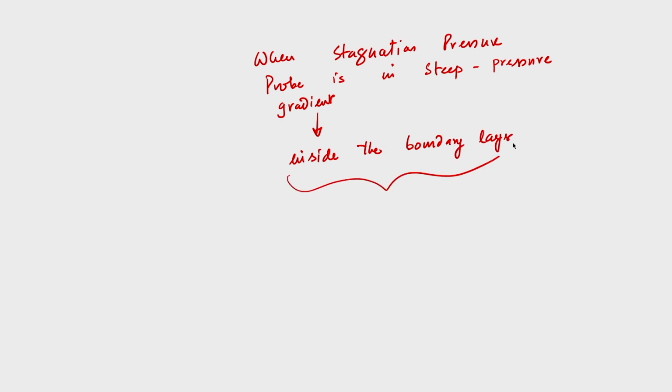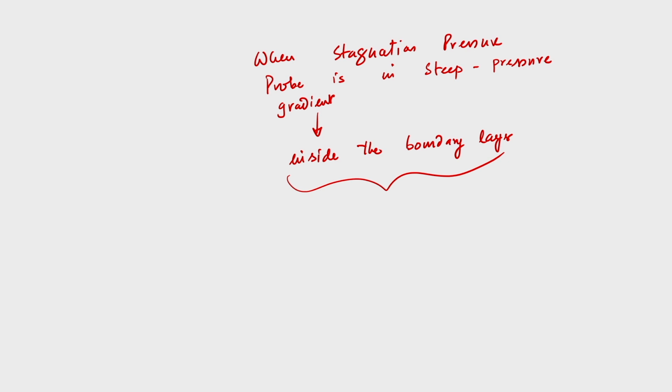what will happen? If we place a stagnation pressure probe in the region where we have a steep pressure gradient, a common example being inside the boundary layer, the positioning of the probe will try to deflect, distort the streamline, and the streamline will deflect towards the region of low velocity.